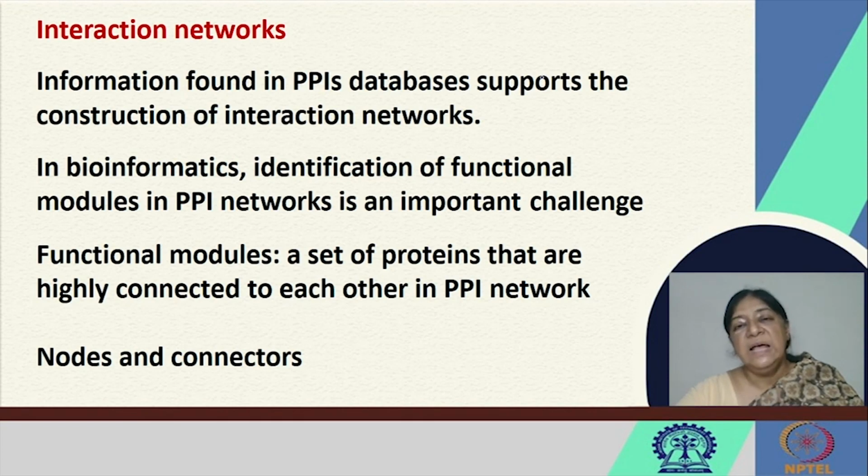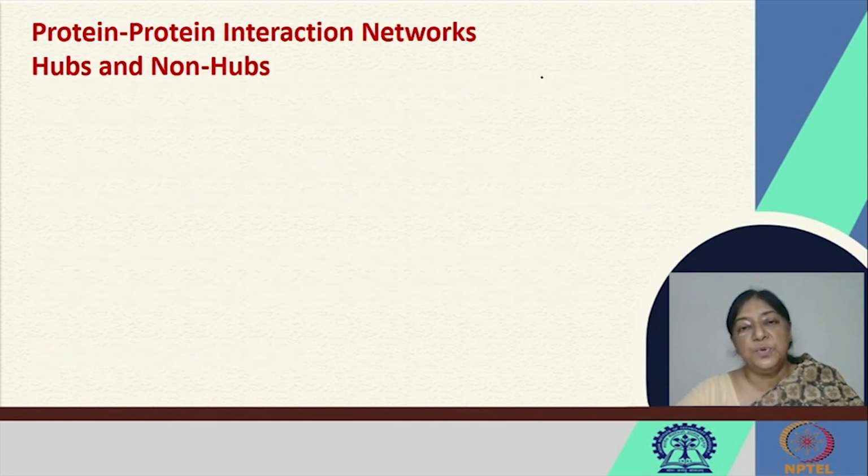Because we realize that any specific biological process or biochemical reaction is a cascade of effects that require a large number of proteins in the cascade to interact with each other for the specific process to occur. So in this case, we have what are called nodes and connectors that connect these different proteins.